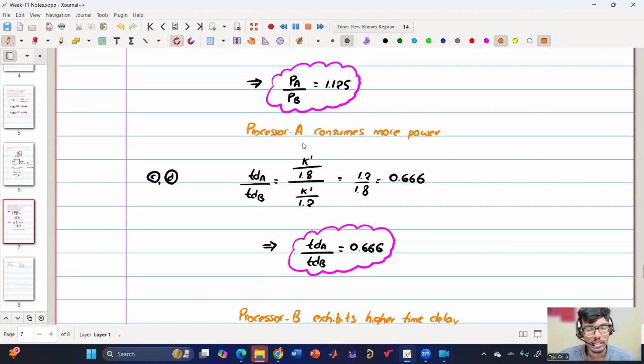So processor A is consuming more power, but its time delay is less. As we have discussed, there is a trade-off between performance and power consumption. One processor may operate at high power consumption while the other is performing better. This is the competition smartphones have nowadays.